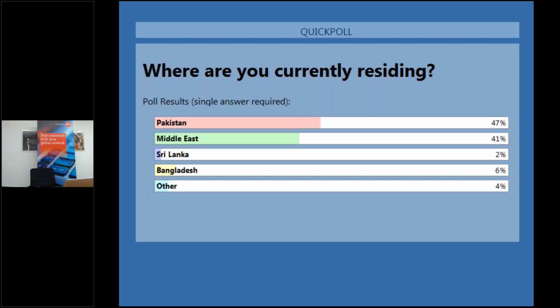I don't know where they are from, but they can write to us in the question box or chat box. Wow, so Middle East more. Middle East is more, yeah. Definitely in our previous sessions they are greater in numbers, but this time Pakistan won.